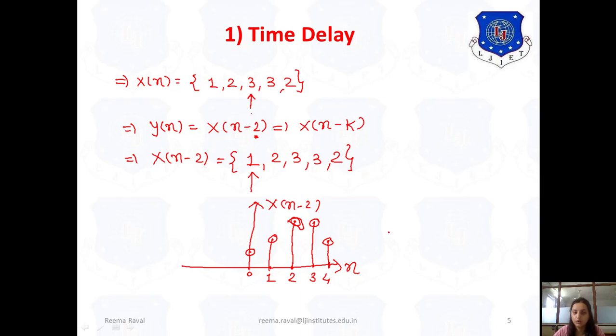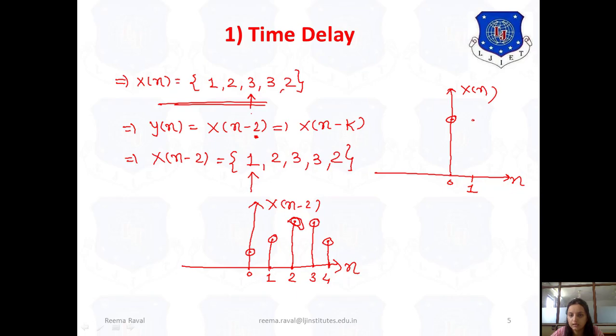And if I want to draw the original signal, that is the diagram of x of n versus n. In this signal, our given x of n, at 0, that is the initial point, its value is 3. At n equals 1, its value is again 3.